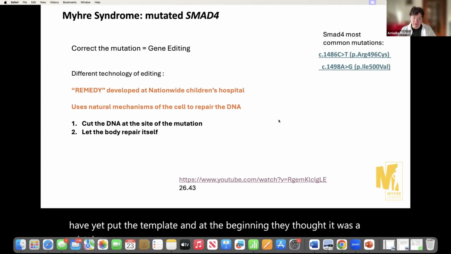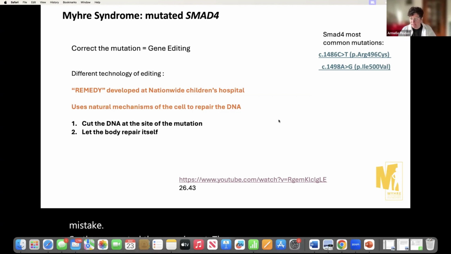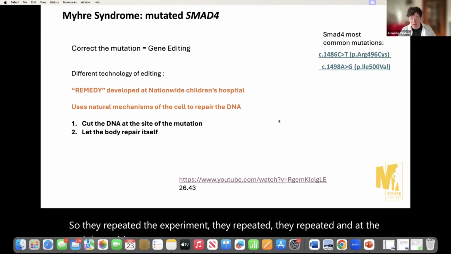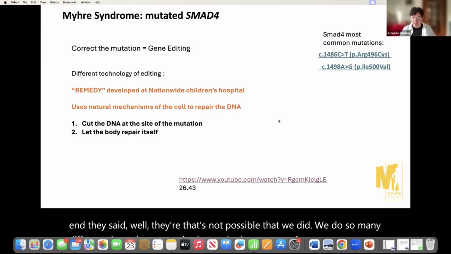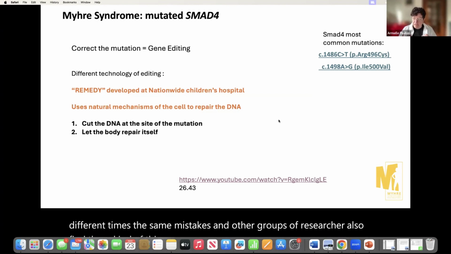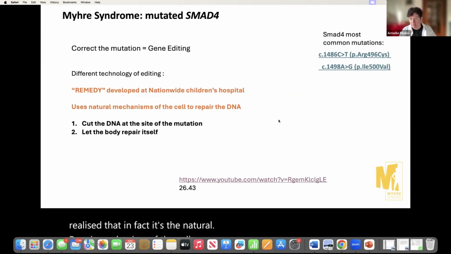So they repeated the experiment, and at the end they said, well, it's not possible that we make the same mistakes so many different times, and other groups of researchers also found these kinds of things. So they did deeper experiments, and they realized that in fact it's the natural repair mechanism of the cell that is acting at that level. And so it was discovered at random, as so many discoveries were.